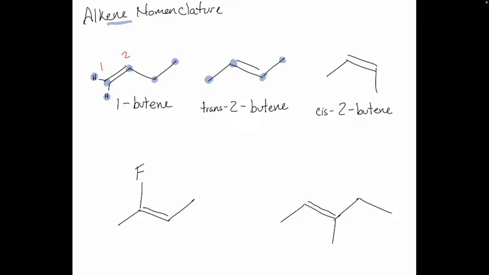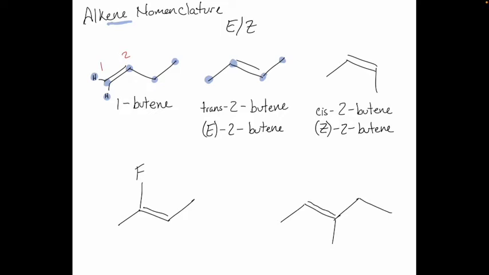Now we have to build on this concept a little bit more, because there's another way that I could name these cis and trans isomers, and that is with this E or Z designation. How I would write that would be E-2-butene. So E is analogous to trans, and Z is analogous to cis.